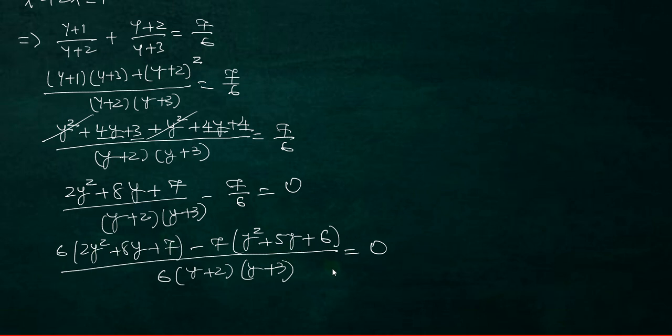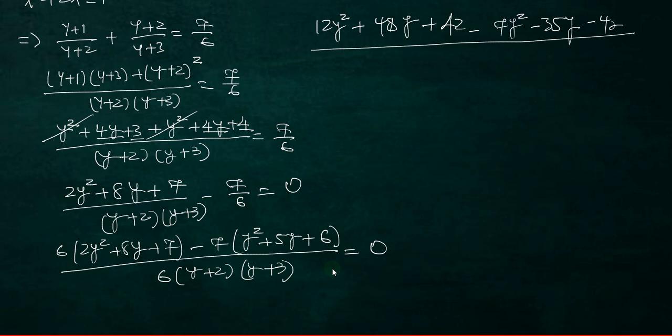We're gonna have 6 times, we're gonna have 12y squared plus 48y, and then plus 42, right, and then minus, we're gonna have 7y squared, right, minus 35y, and then minus 42, right? So this all, I mean, we don't have to rewrite this.